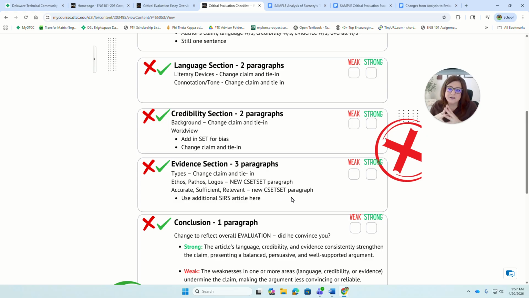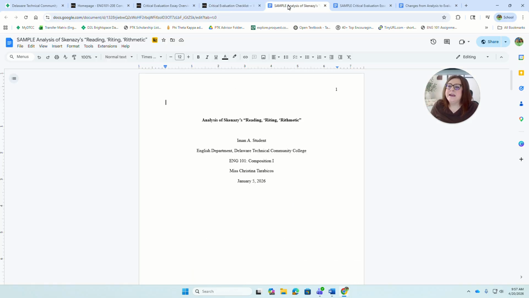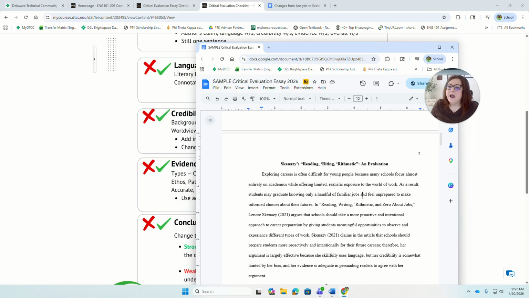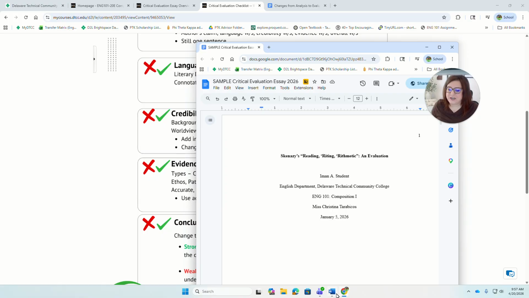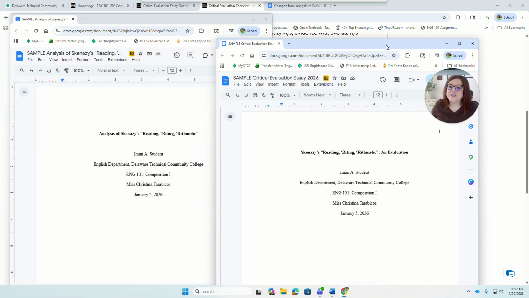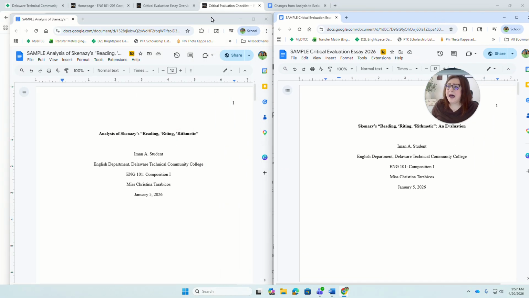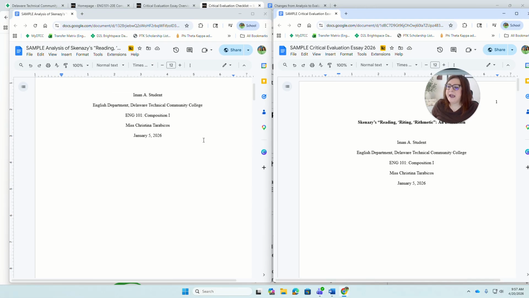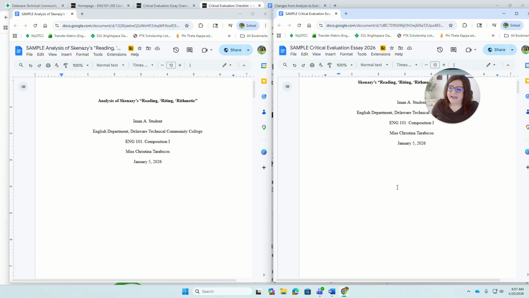So what does this look like in practice? Let's really go through it piece by piece. Now, if I take out my sample critical evaluation and put it side by side next to my analysis, let's just scroll down and see what we've got. Look, same.